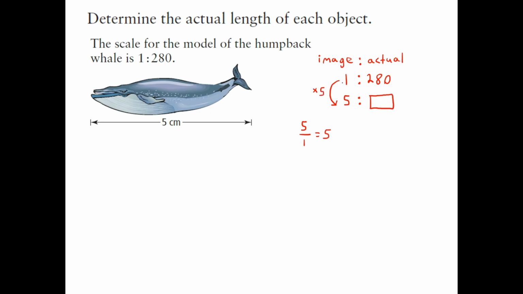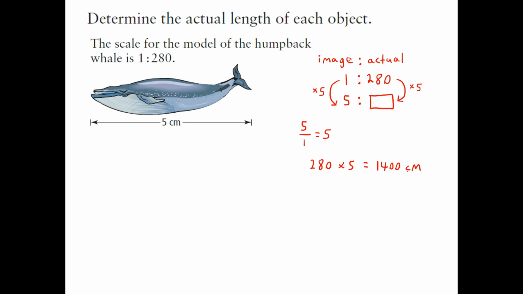But what I do to the image, I have to also do to the actual. So now I have to take 280 and also multiply it by 5. And that should be the actual length of my humpback whale in centimeters upon doing that. So upon doing so, I have 280 times 5, and the answer I'm going to get is going to be 1400 centimeters, because it was 5 centimeters before.